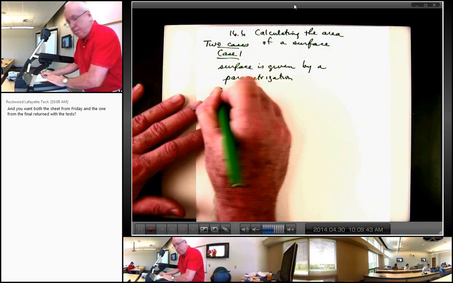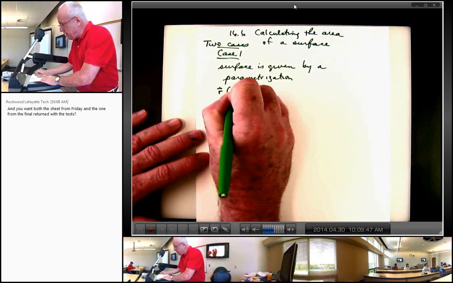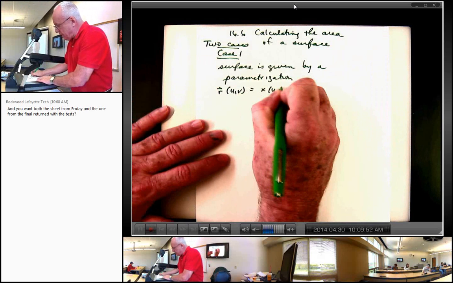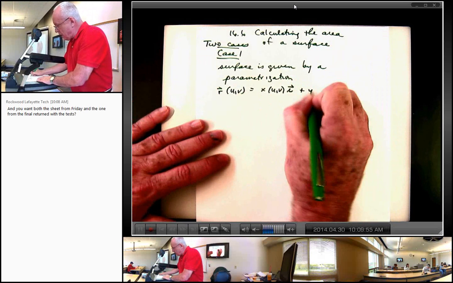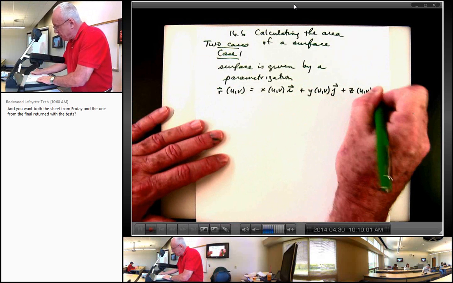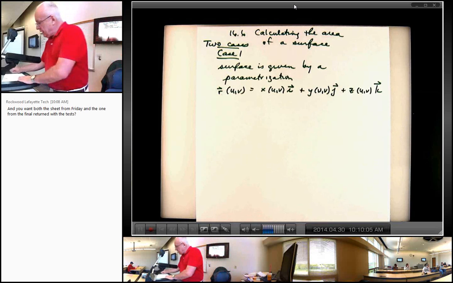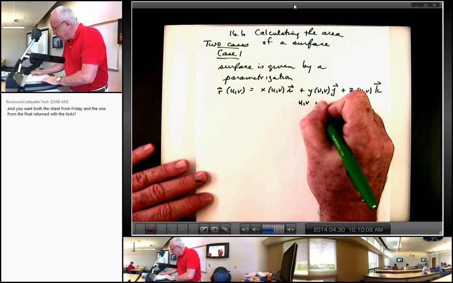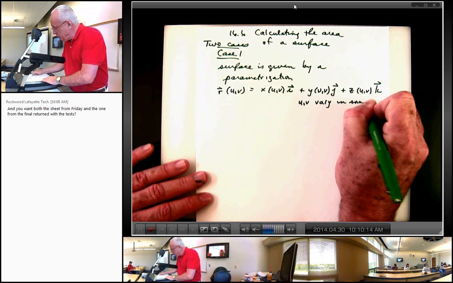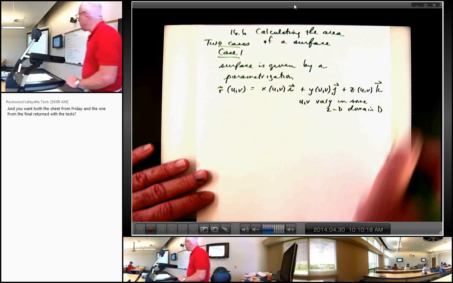And what we're talking about is r(u,v), those are our parameters, equaling some function x of uv times the i vector, plus some function y of uv times the j vector, plus some function z of uv times the k vector, okay? And u and v vary in some 2-dimensional domain that we generally call capital D.